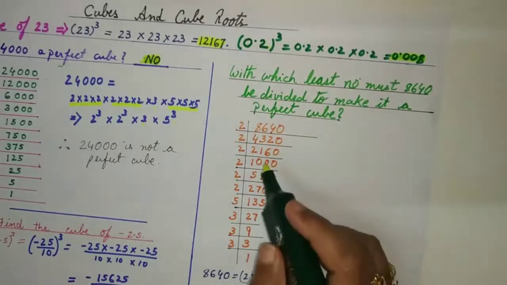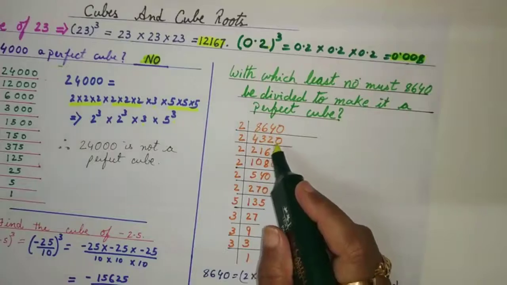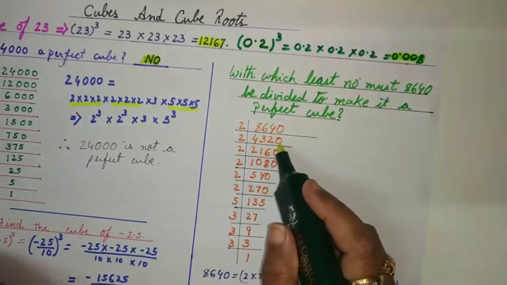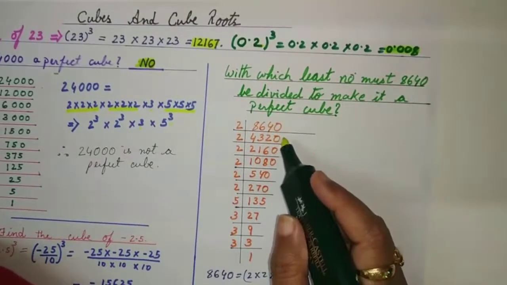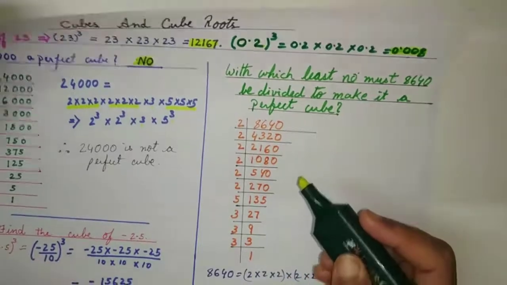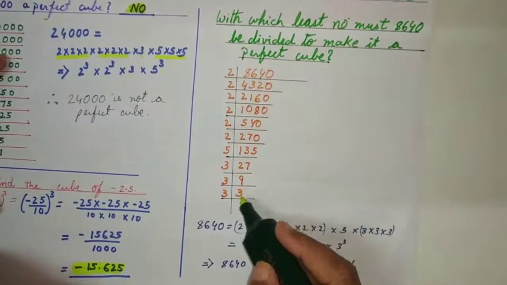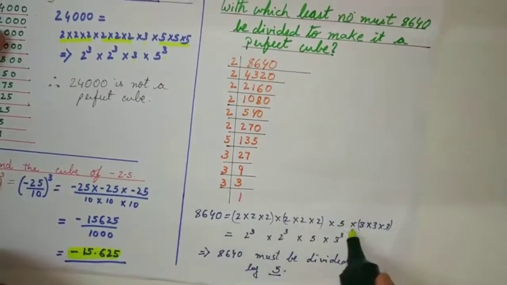Now for such questions, we had done it in the previous chapter, squares and square roots, where a particular number was asked which has to be multiplied or divided to make it a perfect square. So the step is again the same. Find the prime factors, put it in the form of a product.